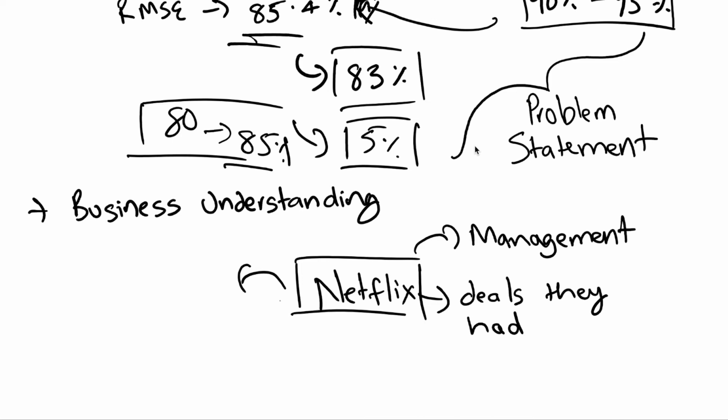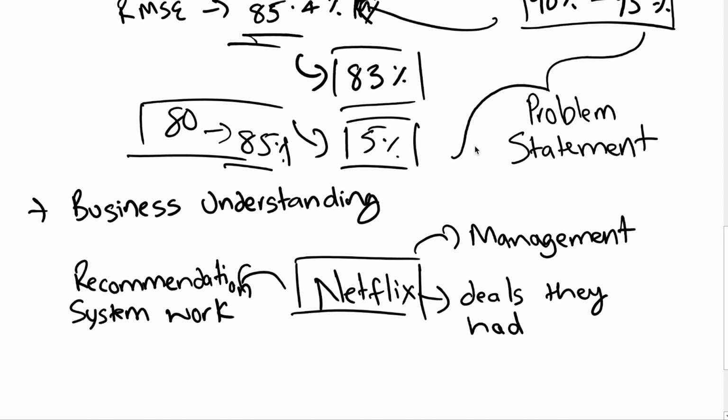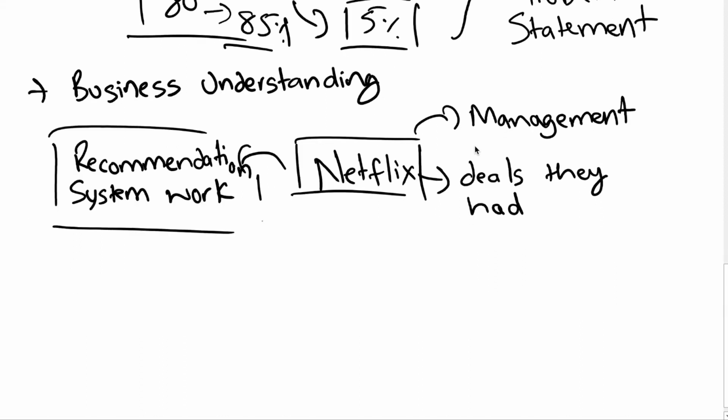Other part of Netflix that you would want to understand, within the first business understanding stage, is actually understanding how your recommendation system works. And this recommendation system is not any recommendation system. Well, recommendation systems are general in nature because there are two or three techniques to actually make a recommendation system.